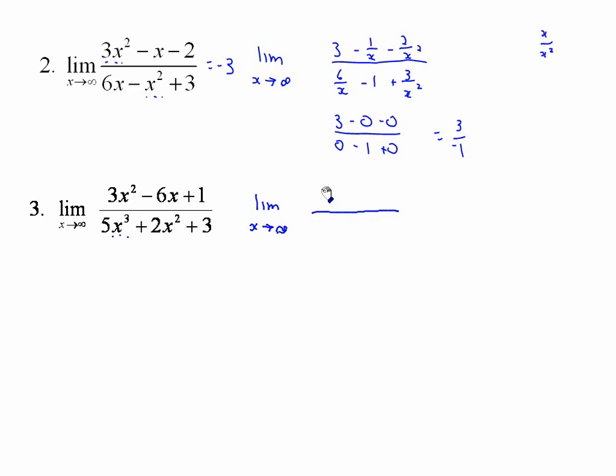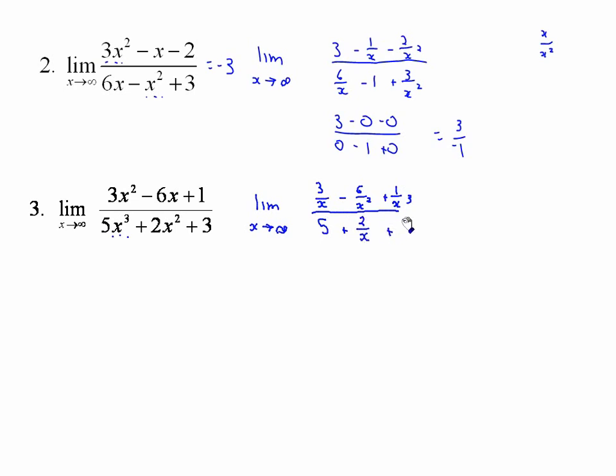So 3x squared divided by x cubed is 3 over x. And then 6x divided by x cubed is 6 over x squared. And then 1 divided by x cubed is just 1 over x cubed. On the denominator, we get 5. 2x squared divided by x cubed is 2 over x.